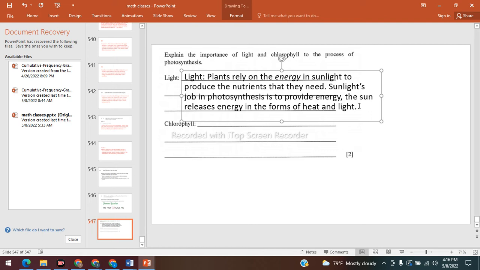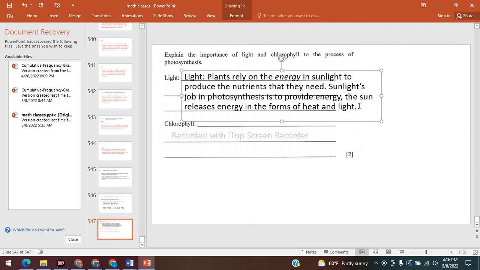But isn't chlorophyll where they get the energy from to actually do the process?